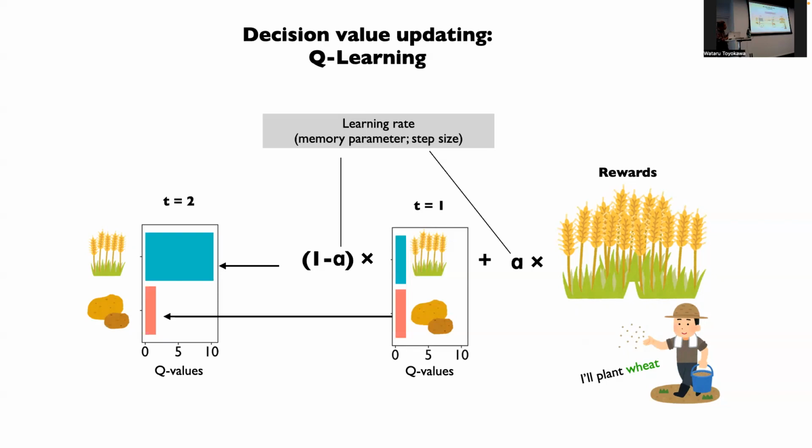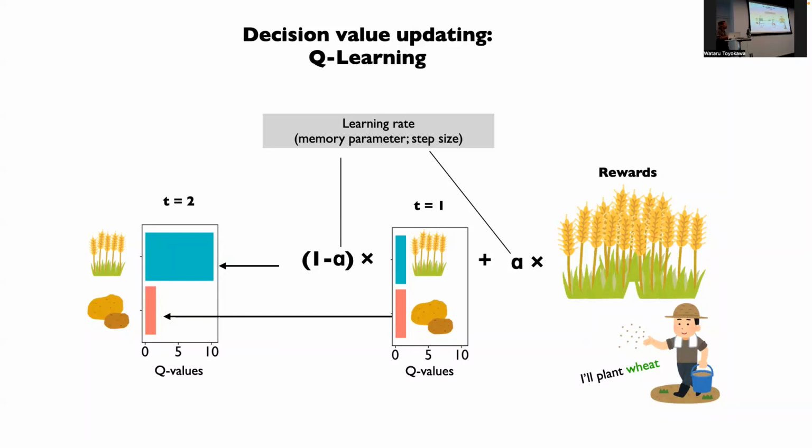How it is updated is a weighted sum of the new reward and the previous value, and this weighted average is the next belief. The important assumption here is that the unchosen option's belief doesn't change, but this is an assumption you can make differently.